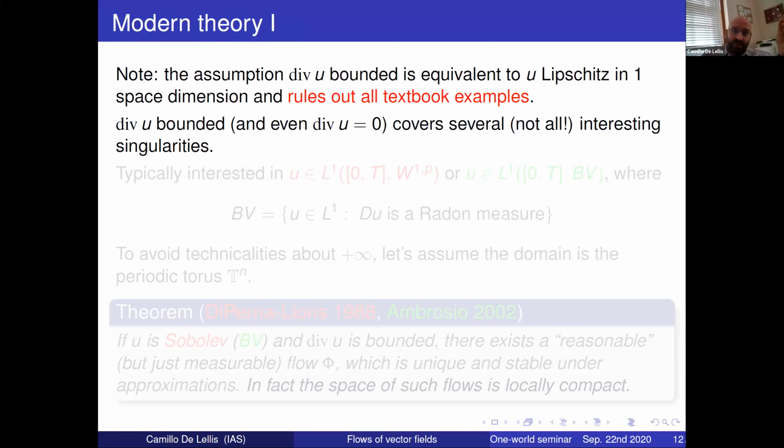So it really becomes relevant when you go to higher dimension, where the divergence of u is not the full derivative, and it might be bounded, even equal to 0 in a lot of situations where singularity actually arises.